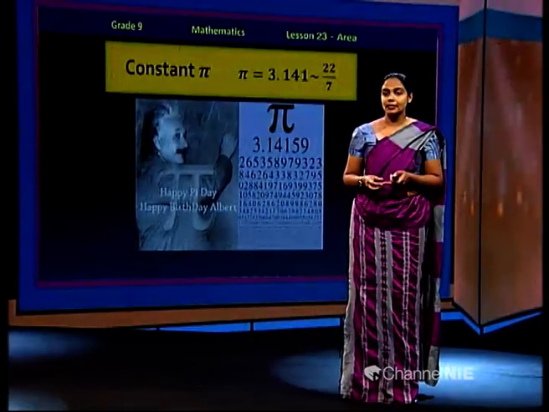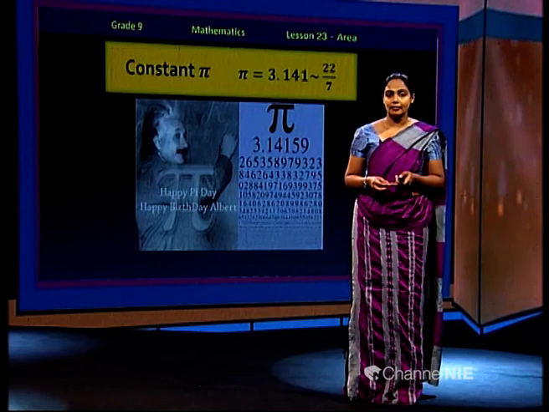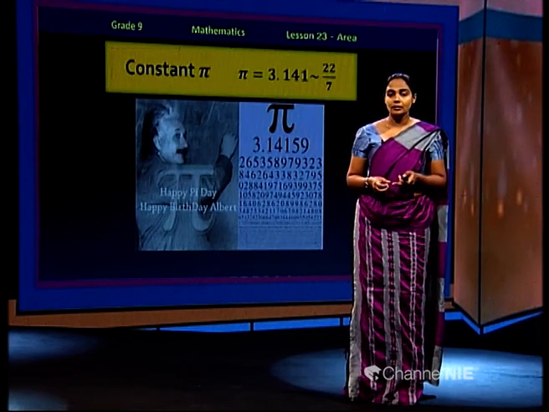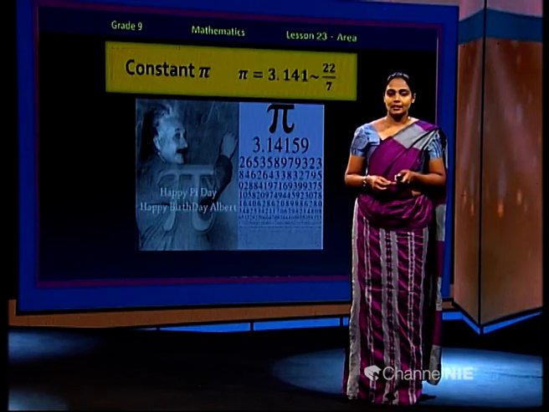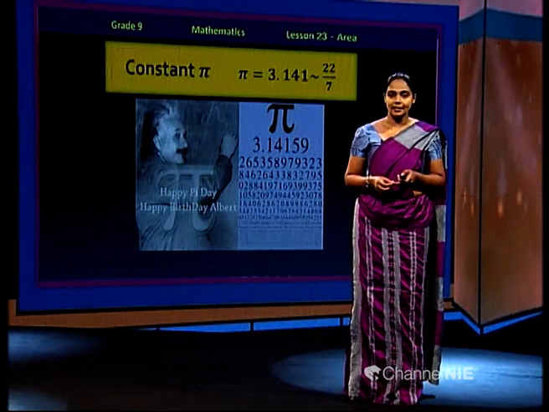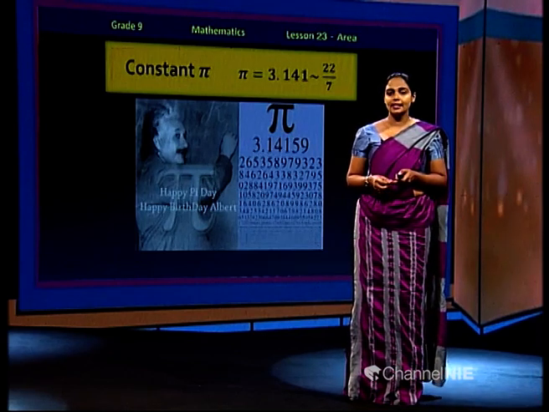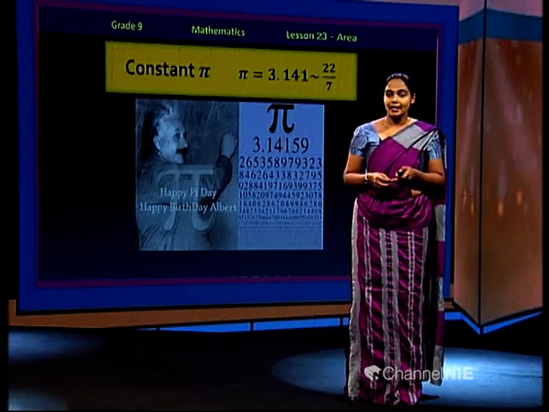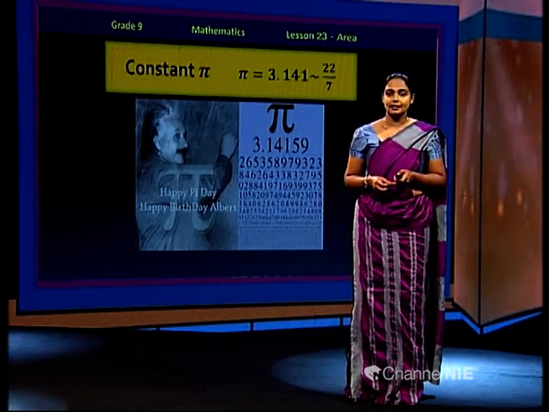Because it is not divisible. 22 over 7 is not divisible, and it goes to infinity. To respect Albert Einstein, they are celebrating Happy Pi Day. I explained it for your additional knowledge.